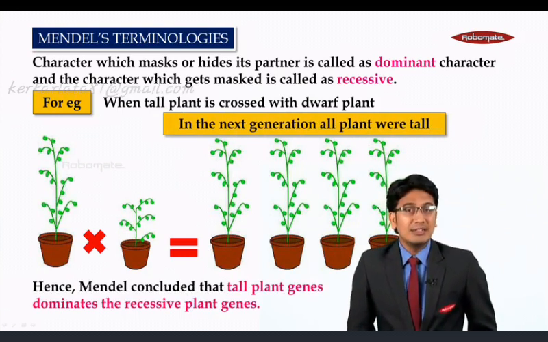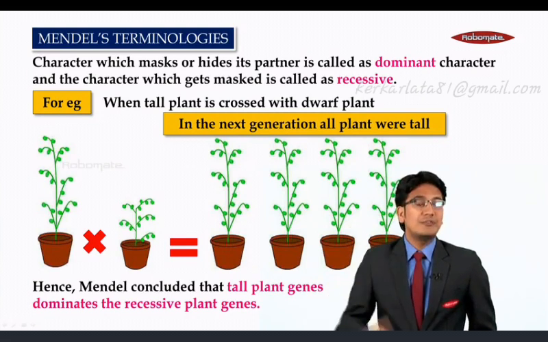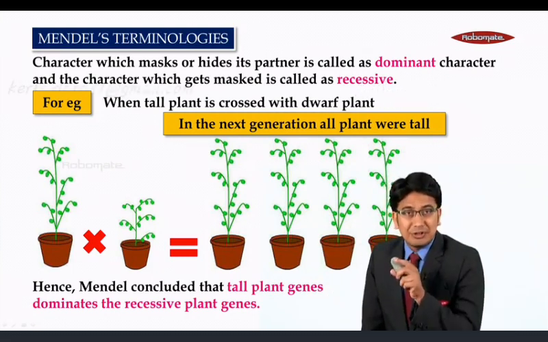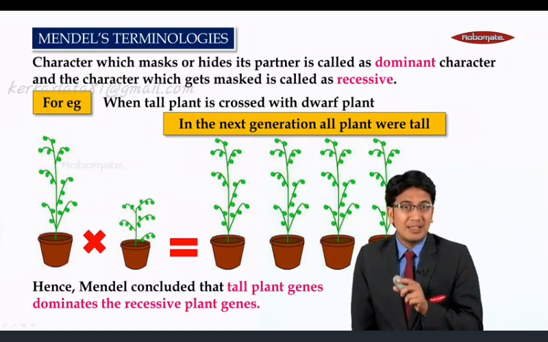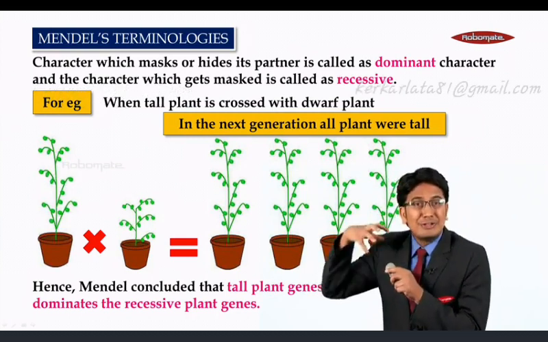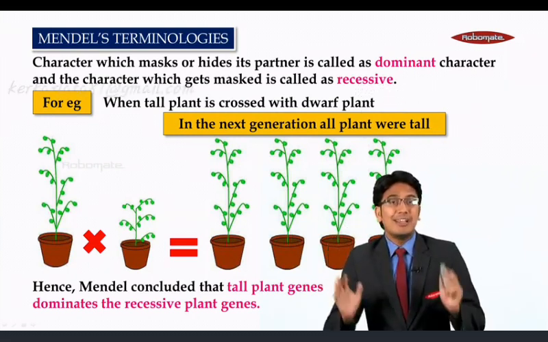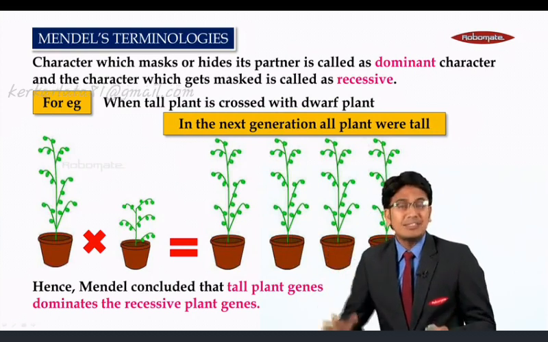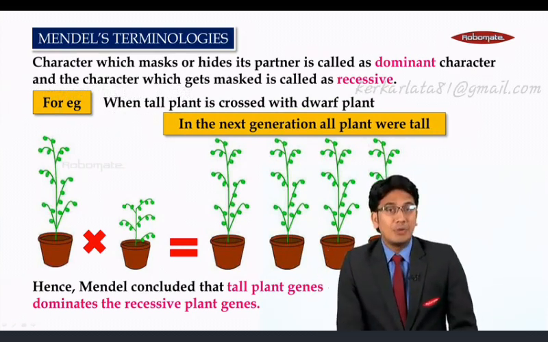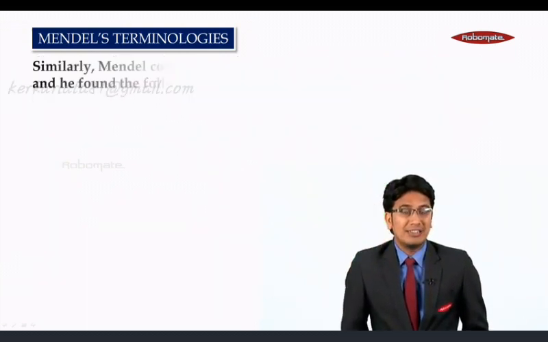So, he concluded that tall plant genes dominate over the recessive plant genes, because in these plants the recessive dwarf character was masked by the dominant tall character of the plant. So he concluded in pea plants, tall is always dominant over recessive dwarf.